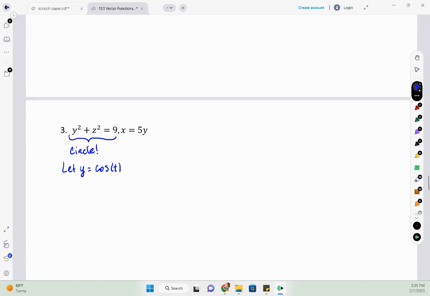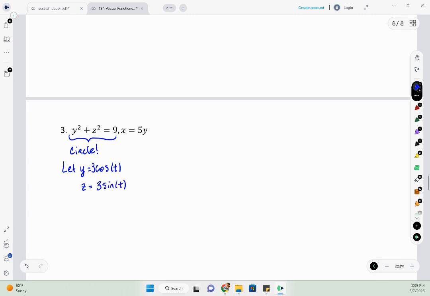Oh wait, can it be cosine, or does it need to be more than that? I think it needs to be more than that because of that 9 that's hanging out there. So I have to think about what number, when I square it, gives me 9, and that would be a 3. So y should be 3 cosine of t, and z should be 3 sine of t.